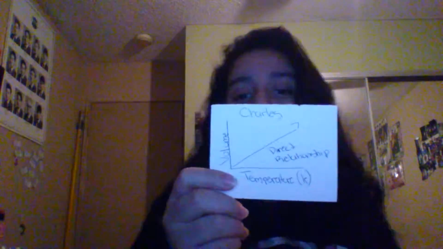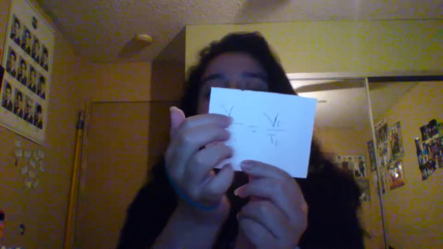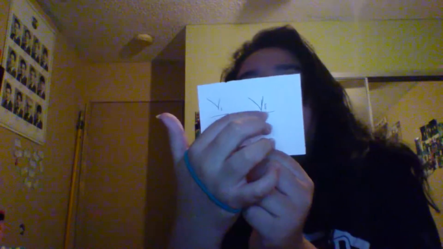From this constant hitting of the surface, the container grows. Charles' law is the first law in which the properties have a direct relationship, meaning if one increases, the other increases too. The equation is Vi over Ti equals Vf over Tf. I did not mention pressure because in Charles' law, pressure is constant, meaning it stays the same no matter what.